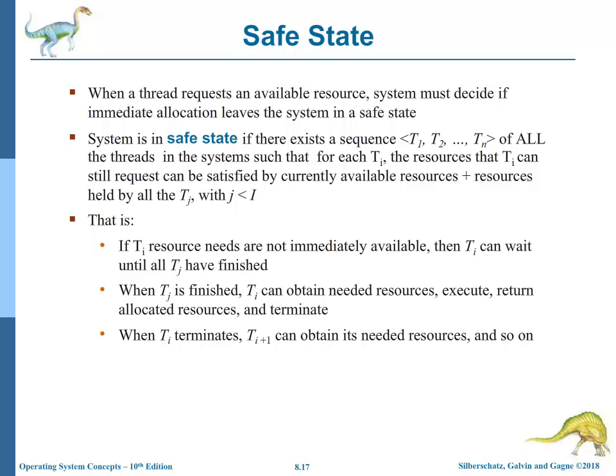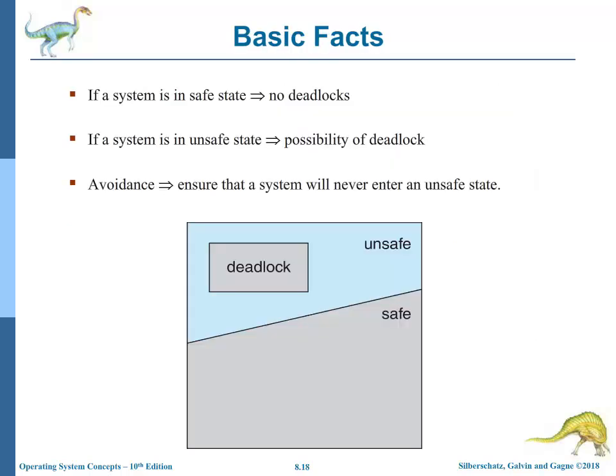If no such sequence exists, then the system state is said to be unsafe. A safe state is not a deadlocked state. Conversely, a deadlocked state is an unsafe state. Not all unsafe states are deadlocks, however.